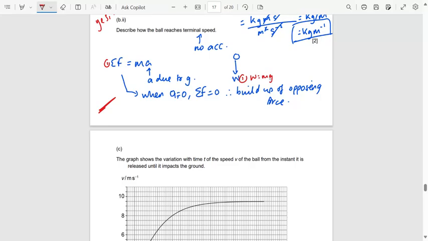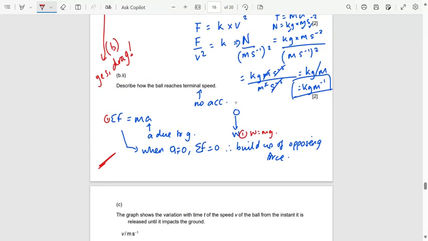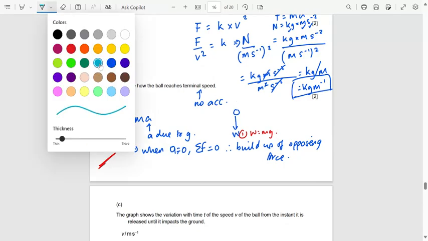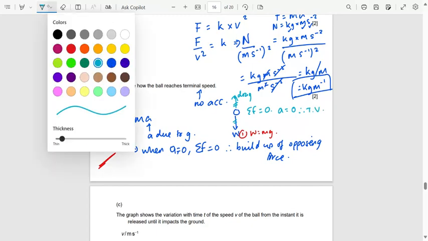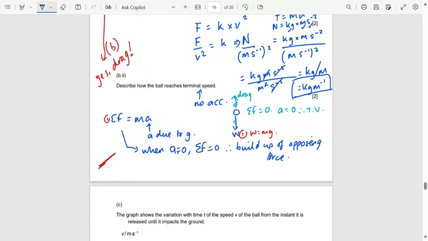Over time, the resultant force is balanced out by an upwards force, which is drag. When these are equal and opposite, the resultant force becomes 0, therefore the acceleration is 0, therefore we've reached terminal velocity. So let me put that into words for you.